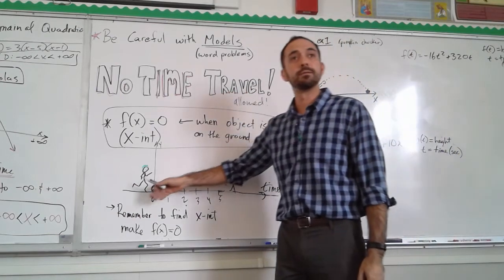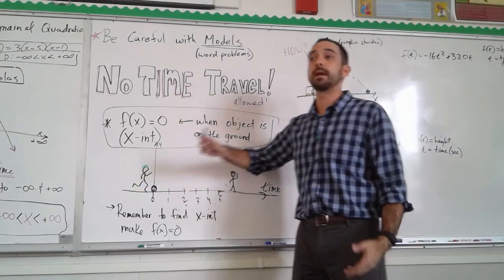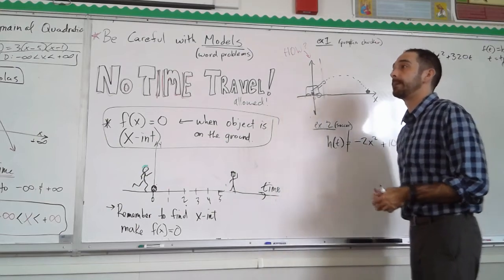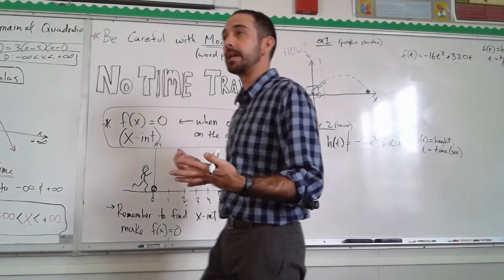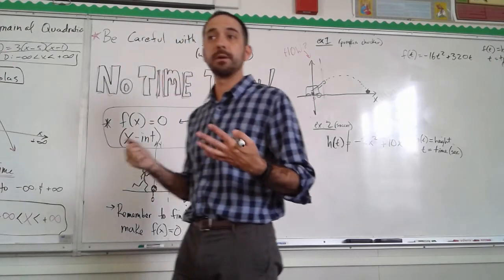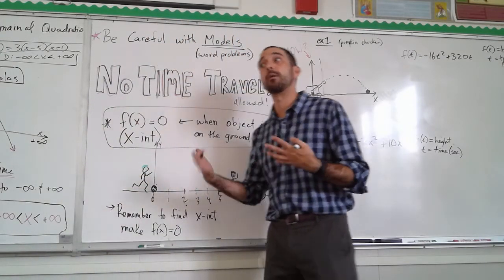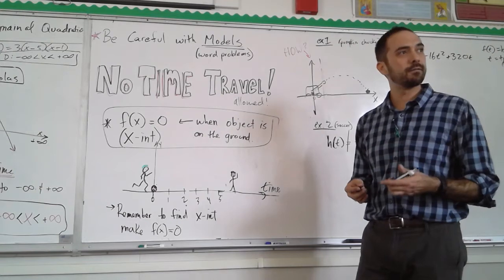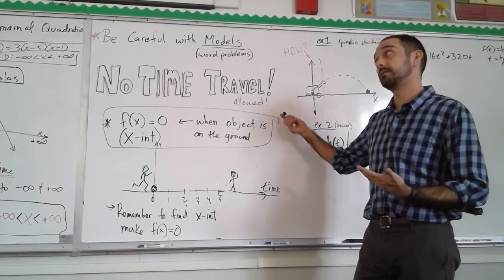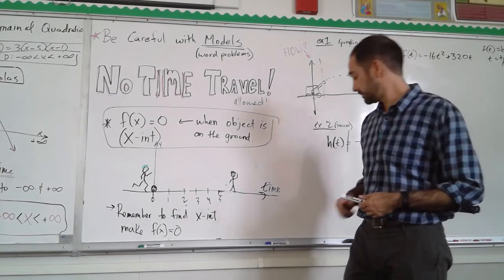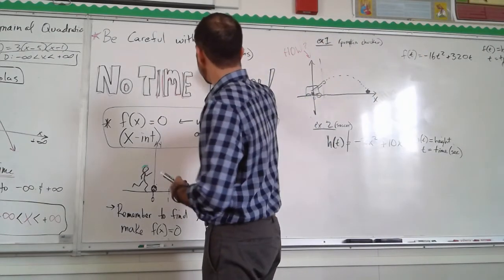When you're doing models, a negative value for time isn't going to make sense, because that isn't something we experience. Models are related to real life, and there's never an instance where we're talking about negative time unless you're time traveling, and no time travel allowed. All right, let's jot that down.